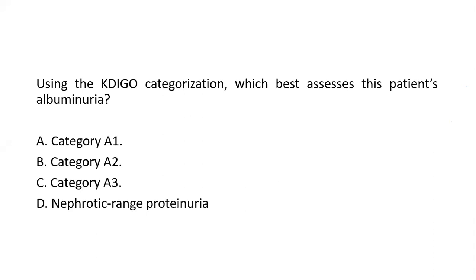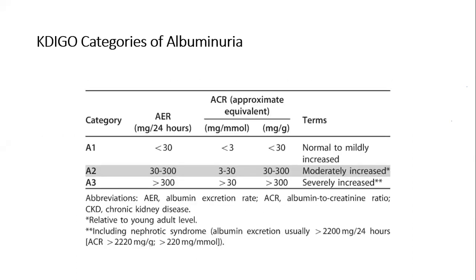Okay. So using the KDIGO categorization, which best assesses this patient's albuminuria? So now we need to study the albuminuria. What is the category? We're looking at the albumin to creatinine ratio in the urine. If there is albuminuria, the albumin is being excreted out of the kidney.